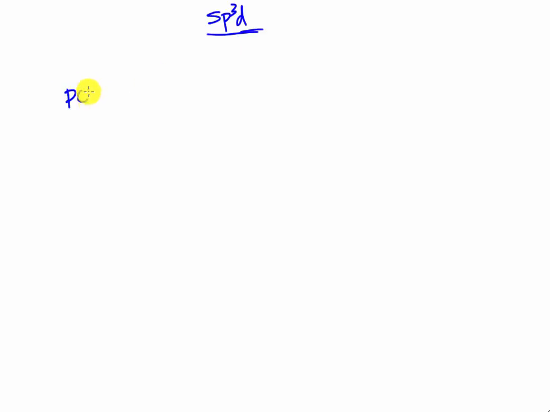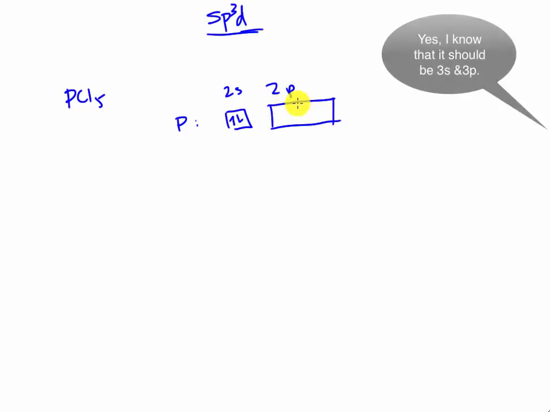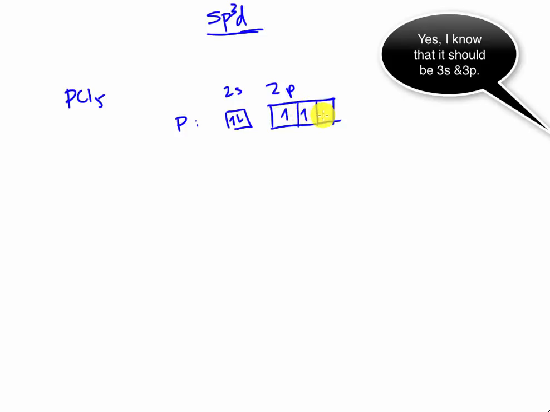let's take a look at phosphorus pentachloride. For phosphorus pentachloride, we're going to look at the structure for phosphorus. Phosphorus has 5 valence electrons, so we're going to go ahead and put these in its second energy level. So second energy level, 2s, 2p, and we just do 1, 2, 3.